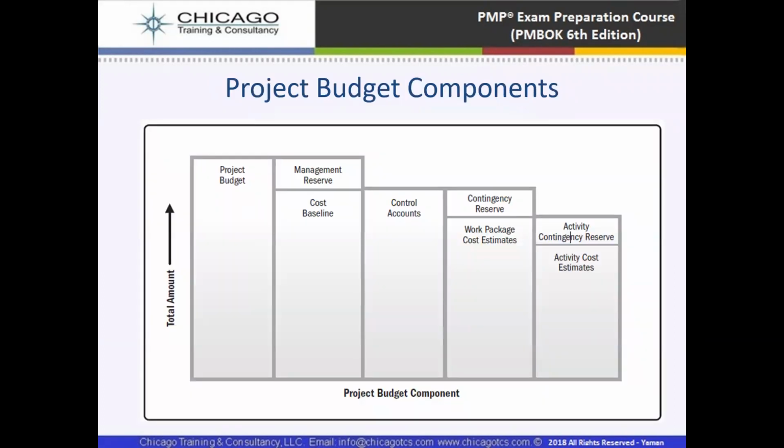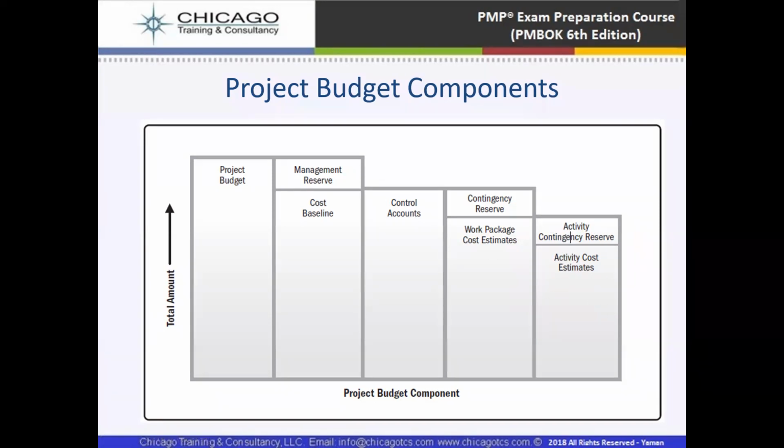So you can see here the project budget components, the total amount versus the project budget component. The project budget is the high-level one, then the management reserve, and the cost baseline will take the amount that is less here, and the control account component is again less. Then we see contingency reserves and work package cost estimates, and then the activity contingency reserve and the activity cost estimates.